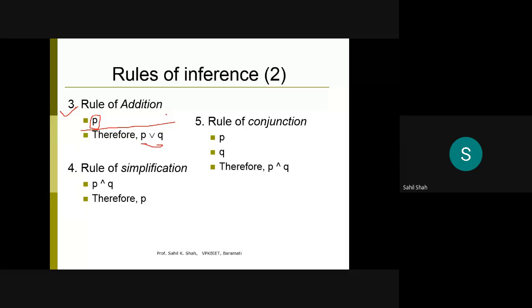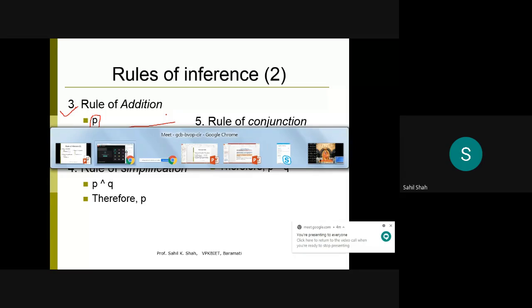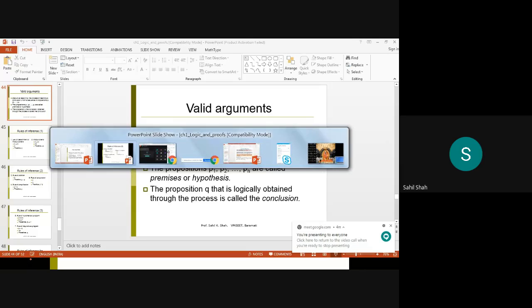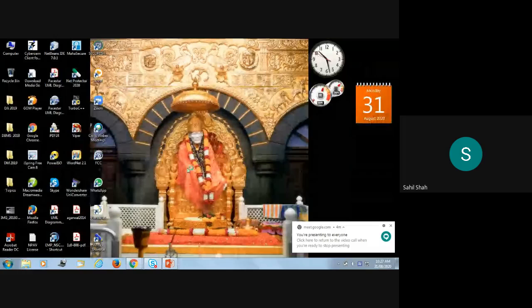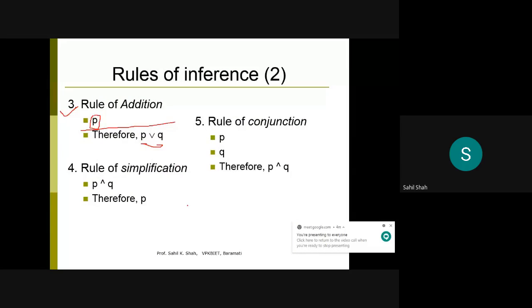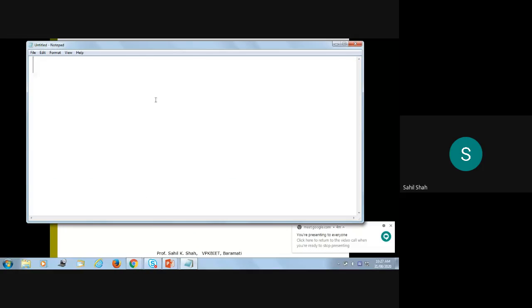Suppose we have been given a set of statements. I will write in another editor, just a moment. Let me start my window. So let us say the statement given is: today is Monday.